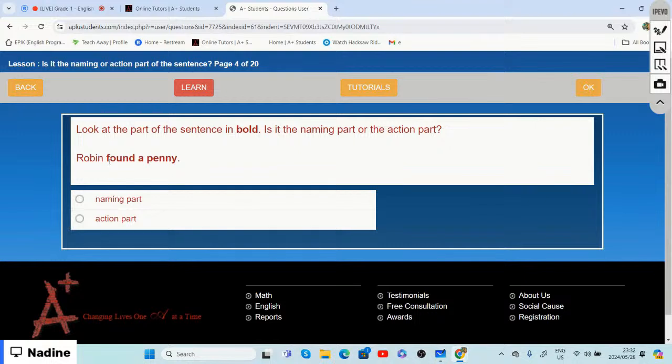Robin found a penny. Is that a naming part or an action part of a sentence? Found a penny.